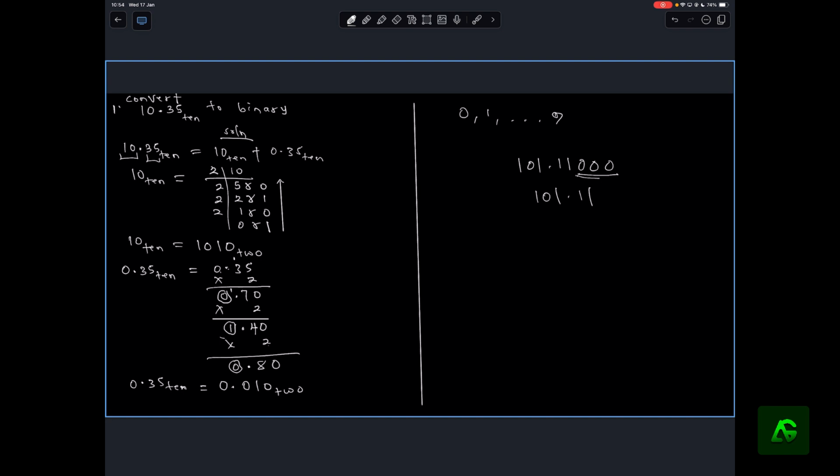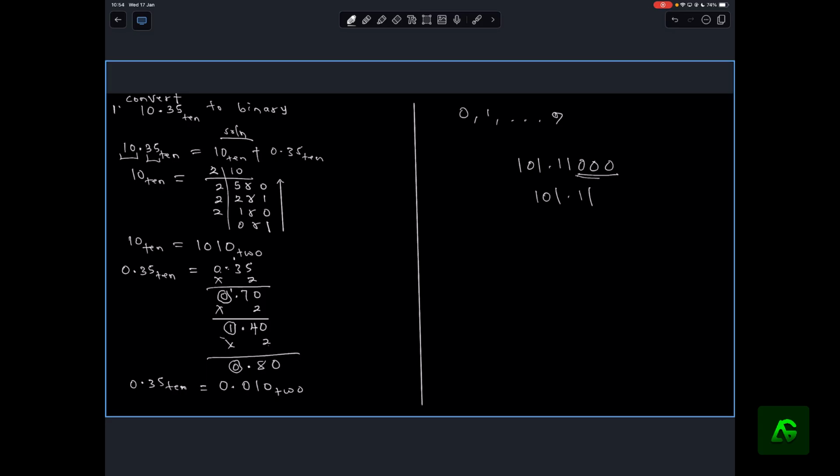It's not midway. You can prove me wrong by pressing your calculator. Just press this value. What your calculator will return is 101.11. Meaning these zeros, they are just there, but we can ignore them.